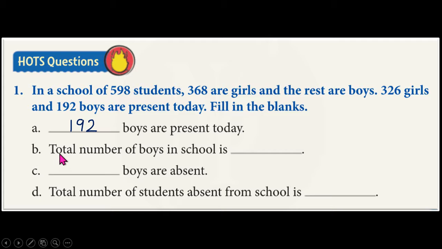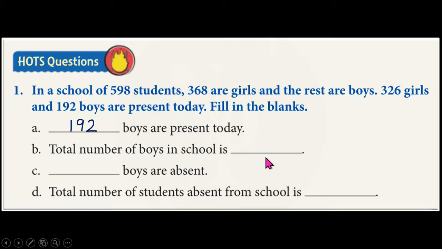Next, B. Total number of boys in the school is. So we should write the total number of boys in the school. For that, as I said, to find the total number of boys, we should subtract 368 from 598. Let us do it now and fill in this blank.